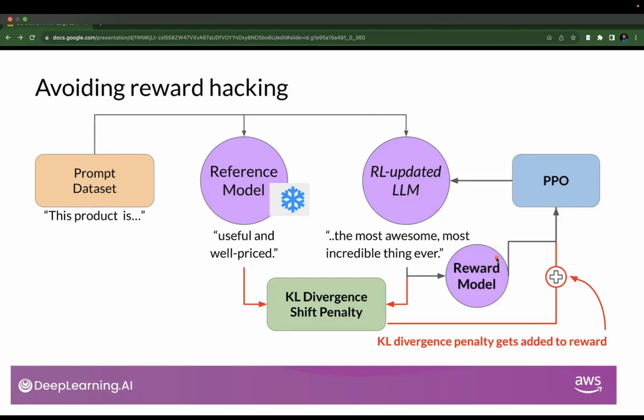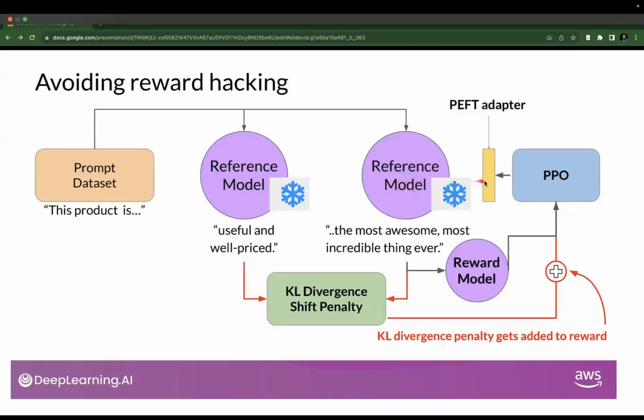And overall, we take the score from the reward model, and we also take the KL divergence score. So both are included in the RL algorithm, for example, PPO. So the reinforcement learning algorithm considers not only the reward but also how much the updated model is diverging from reality. And based on these two scores, it will update either the LLM or the adapter.